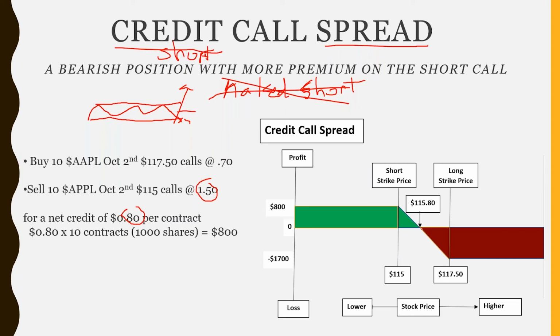But anything moving sideways, or slightly up or slightly down, then we'll make money, be profitable on that trade. So that's the idea behind the strategies again. So we've got three directions in our favor, plus the IV and the decay. There are some additional factors as well that play into that, right?